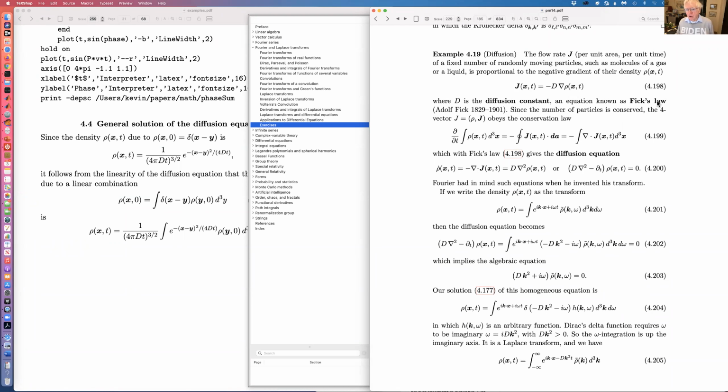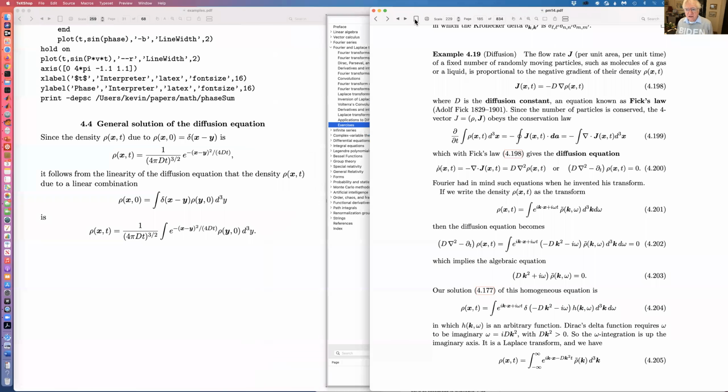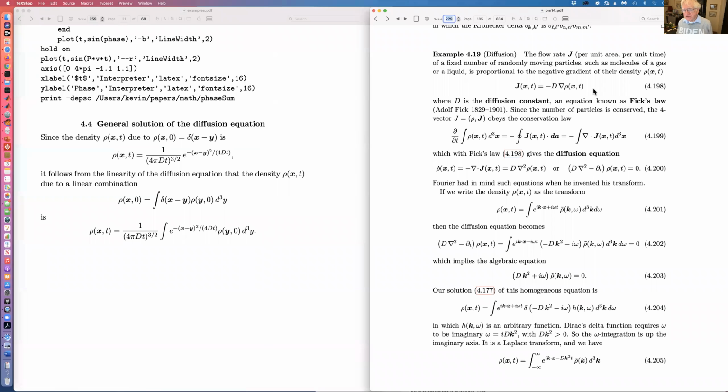Fick's law for diffusion is that the current at point x and time t is minus a diffusion constant D times the gradient of the density.